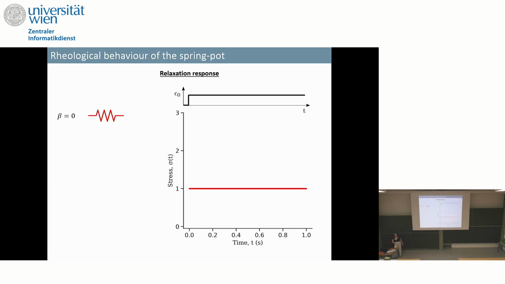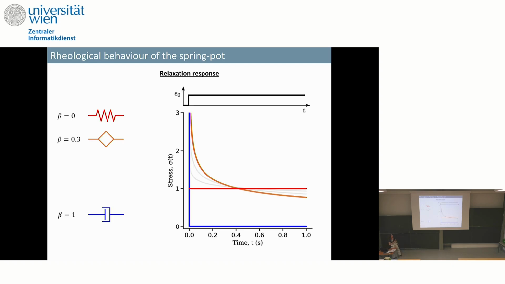I think the best way to understand the springpot is to look at it qualitatively. So let's look at the relaxation response. If we pull on a spring, it deforms and stays at the same stress level. What does a dashpot do? It dissipates everything immediately. What does a springpot do? Let's take a springpot with exponent 0.3. It starts to dissipate.